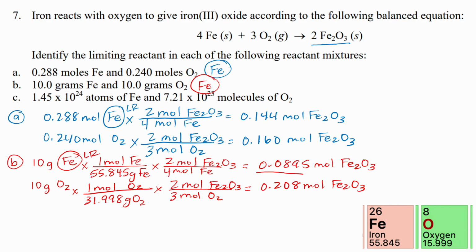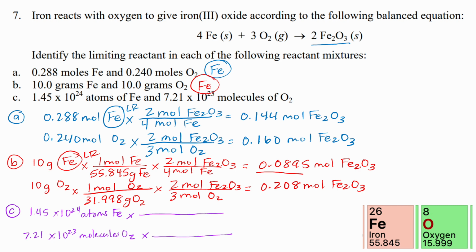Now we're going to do the same thing for C. All right, so this one's a little different. We're given atoms and molecules, which is Avogadro's number. So in order to get into moles, we're using 1 mole is equal to Avogadro's number. And we want to cancel out those atoms or molecules.